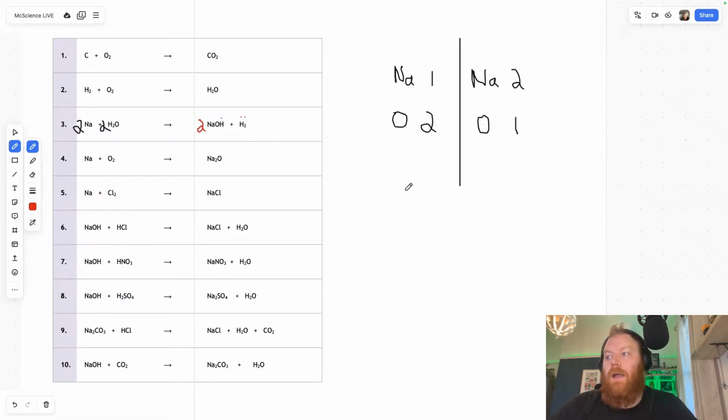So when I am looking at my two oxygen, I'd put a big 2 in front, which gives me 4 sodium because it's 2 times 2, and it gives me 2 times 1, giving me 2 oxygen. So my oxygens are now balanced.